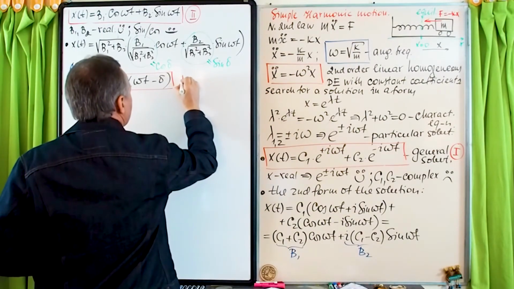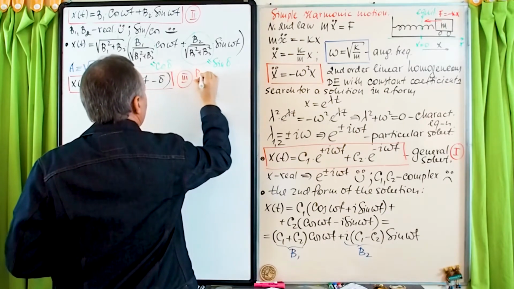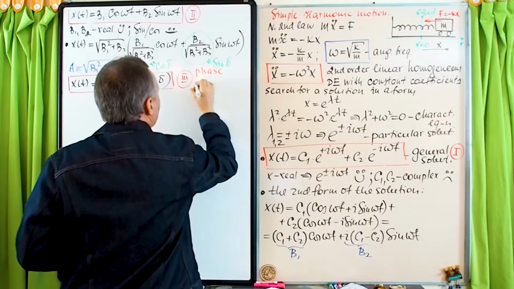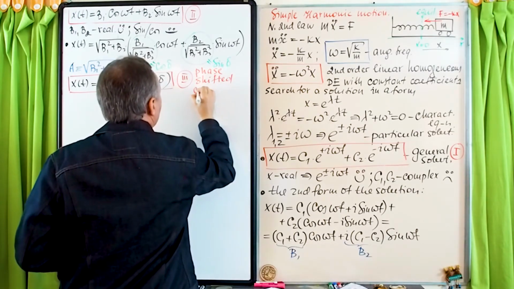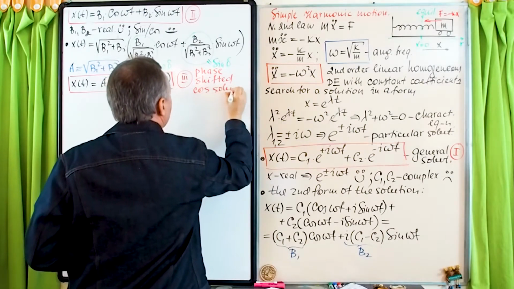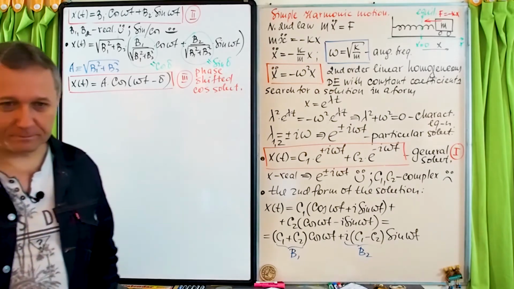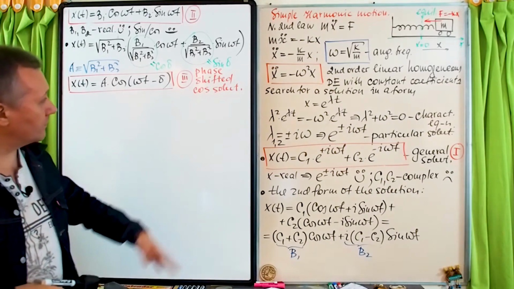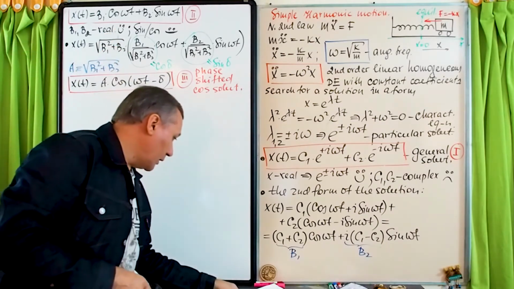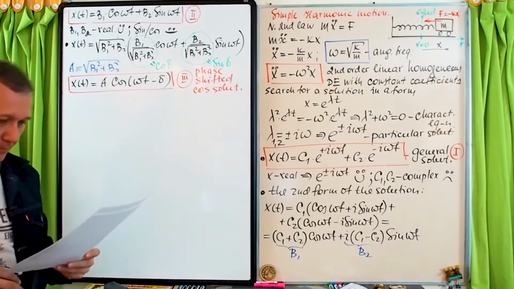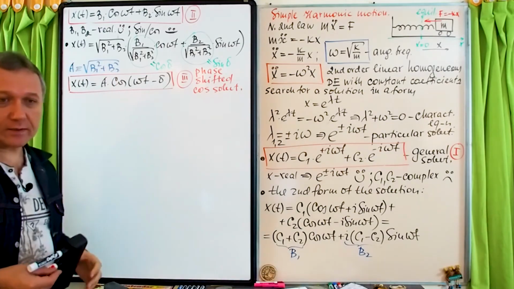So this is number 3, a phase-shifted cosine solution. So, number 1, first form, second, and the third form. Let me check if I mentioned everything. Yeah, of course, A is the amplitude and delta is the initial phase.